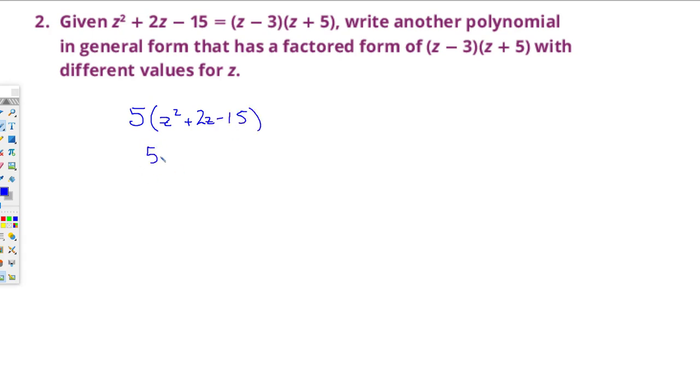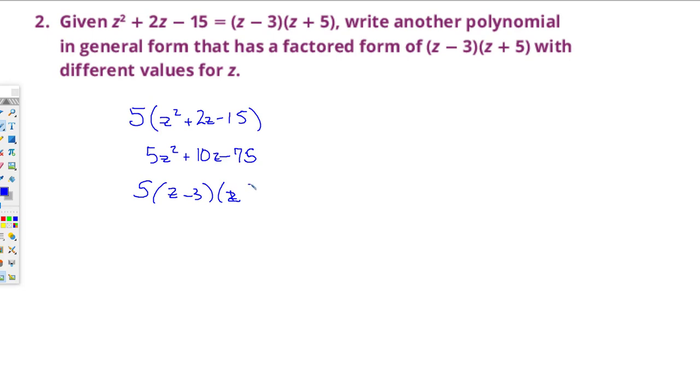and it would become 5z squared plus 10z minus 75. And so this would factor, if I was to go backwards, because the factors of this trinomial were z minus 3, z plus 5.